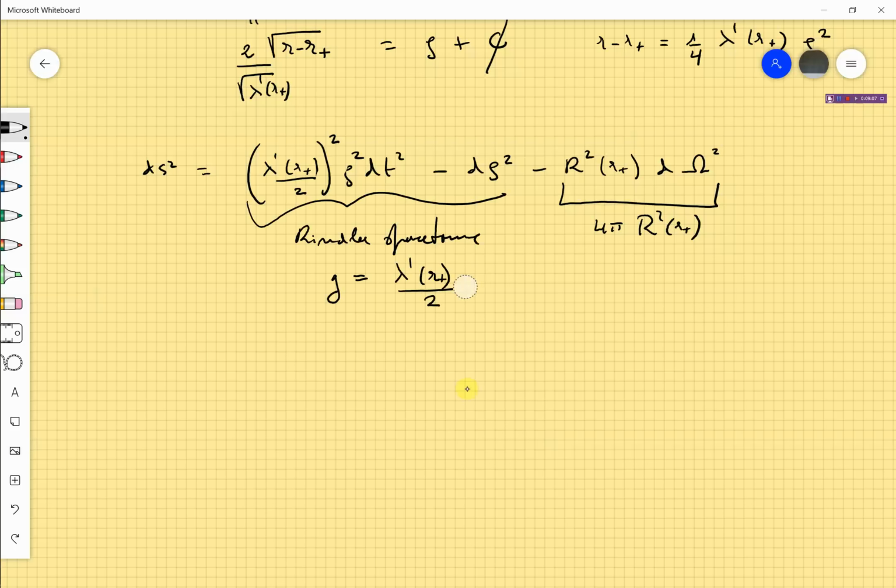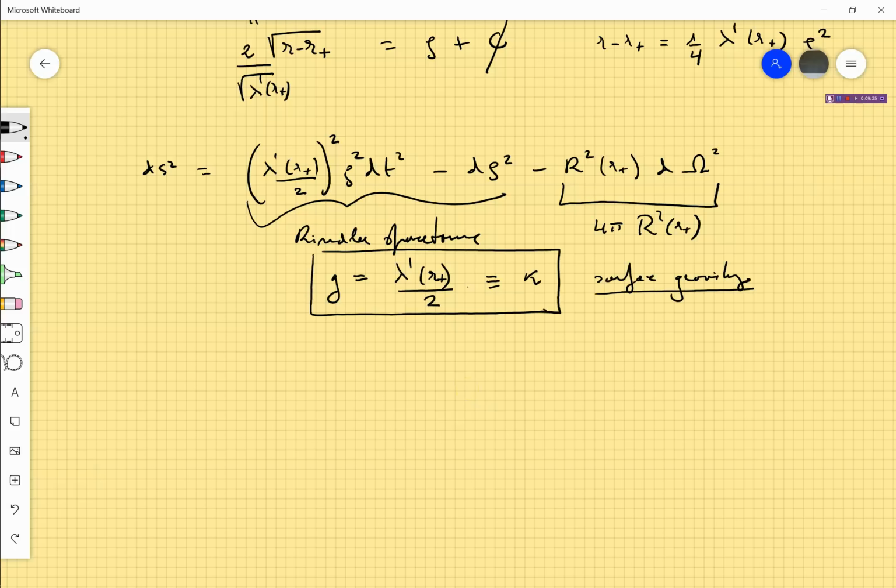This quantity, which expresses more or less what is the acceleration at the horizon in this analogy, or in this limit in which we represent the metric near the horizon, and it turns out that it gives you Rindler. This is denoted by kappa, and this is the surface gravity of the event horizon.